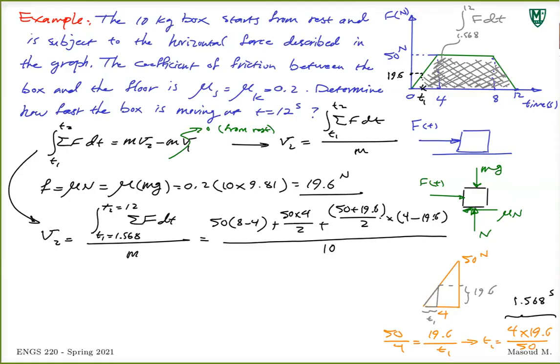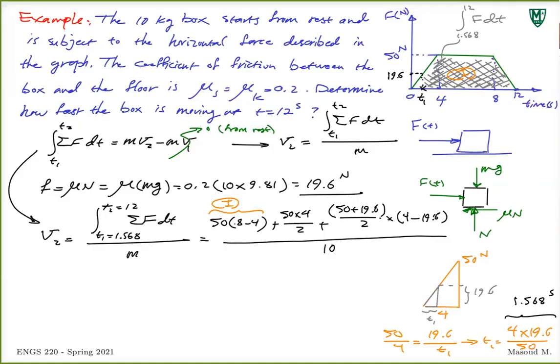Basically, I just calculate the area under the curve. You do it the way you feel more comfortable. There was a rectangle there, a triangle on the right side. You can go for the left side as a big triangle, 50 times 4 divided by 2, minus the small triangle. That's another way of doing it. 19.6 times T1 divided by 2 to find that area right there. This is this area.